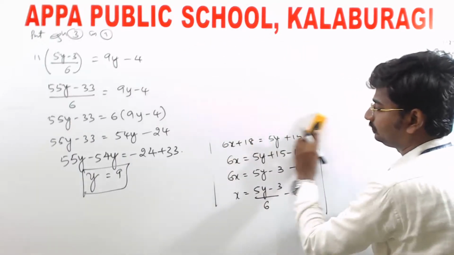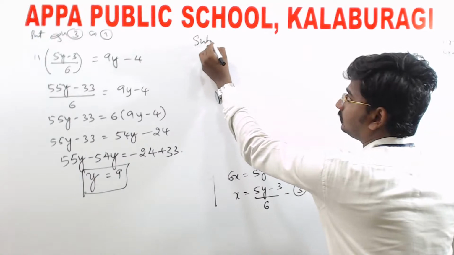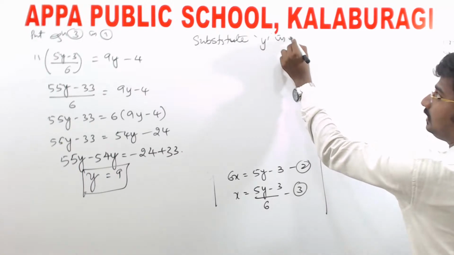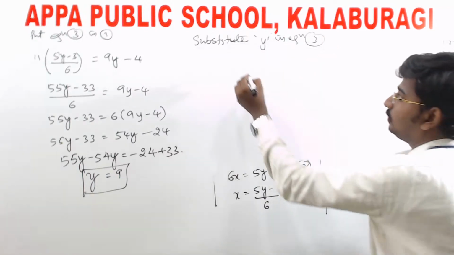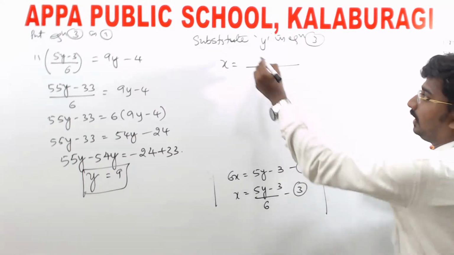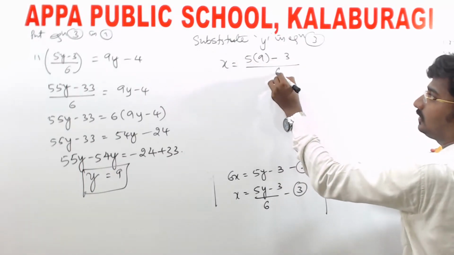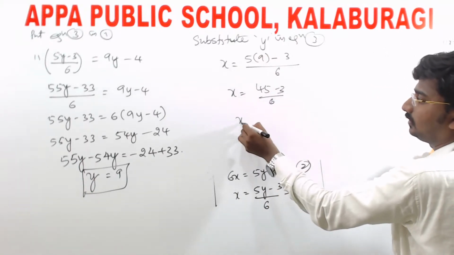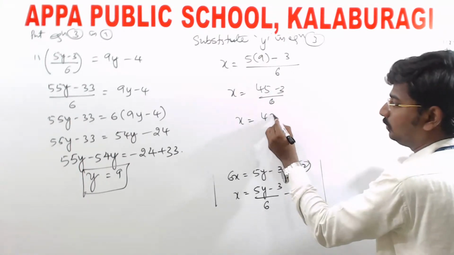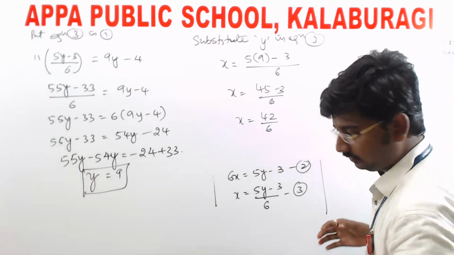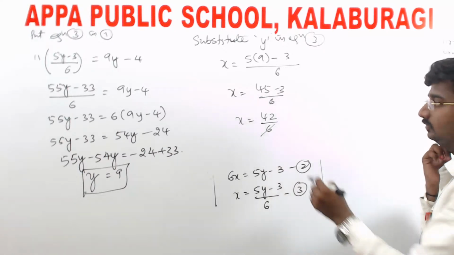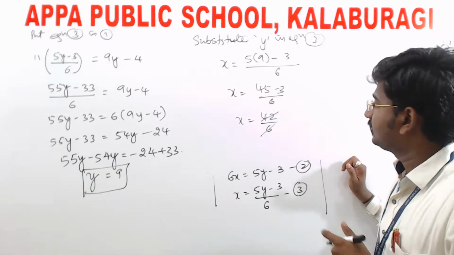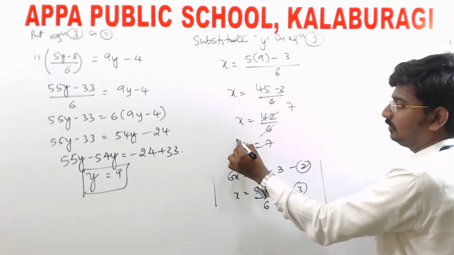So x = (5 into 9 - 3)/6. 9 fives are 45, minus 3, by 6. 45 minus 3 is 42 by 6. 6 sevens are 42, so x = 7.